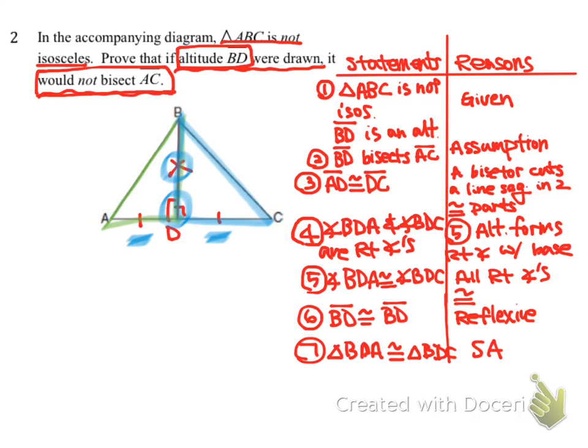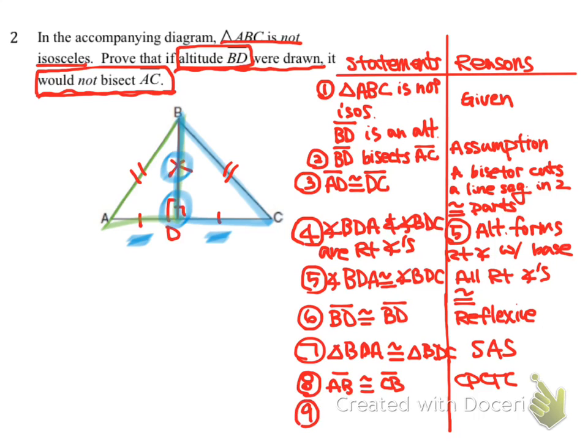Why? SAS. Then step number 8, you can say that AB is congruent to CB. Why? Because they are corresponding sides of two congruent triangles. We call that CPCTC.